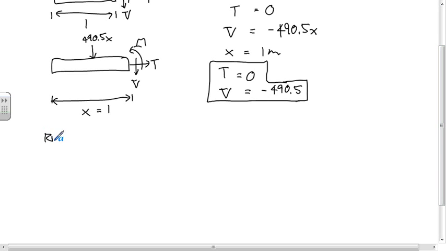Okay, and then rotational. So we have a moment arm of 0.5 on this. The magnitude is 490.5. That's a clockwise moment. So here we have negative 245.25 plus M minus V times x, which is 1.